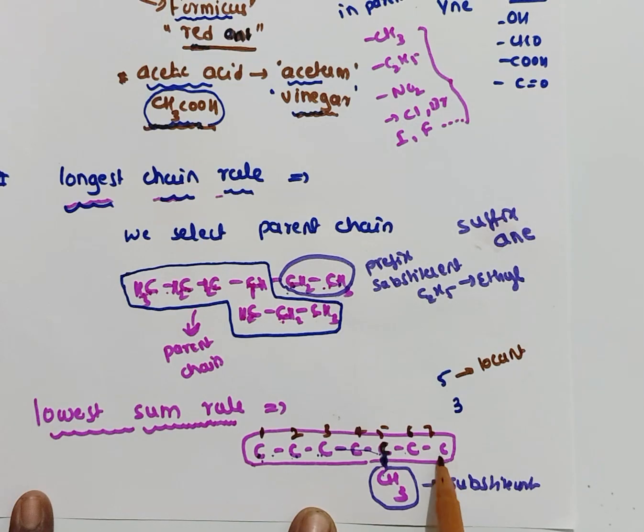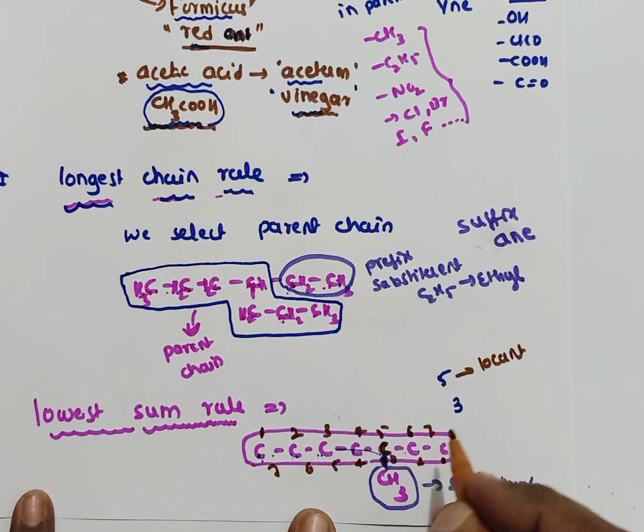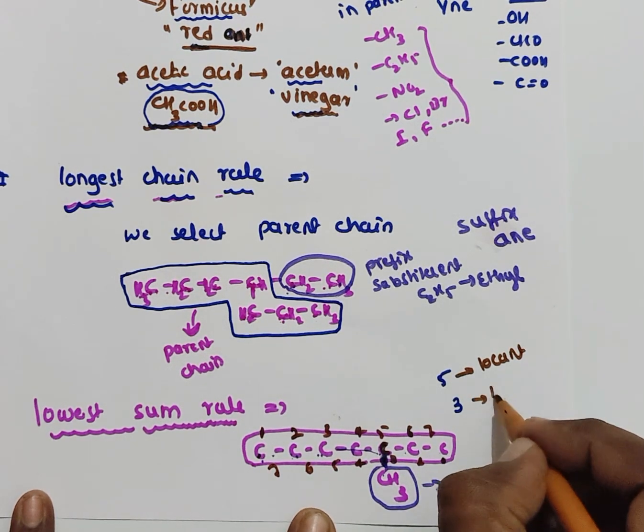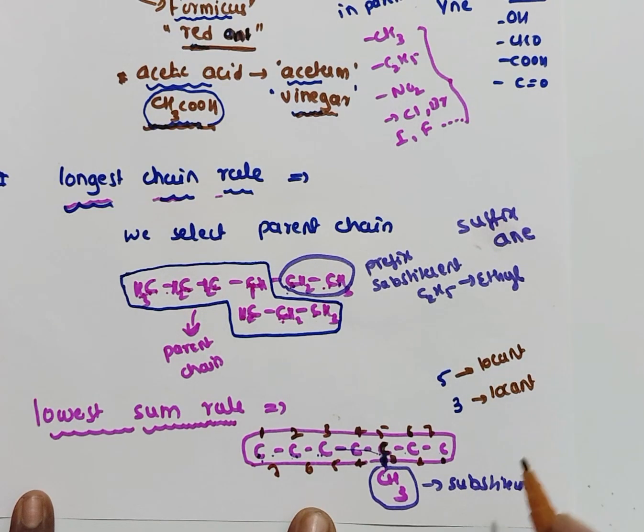So on numbering right to left, what happens? This is carbon 1, this is carbon 2, this is carbon 3, 4, 5, 6, 7. On numbering right to left, carbon number 3 has a locant. Locant means substituent or branching. Is this clear to everyone?